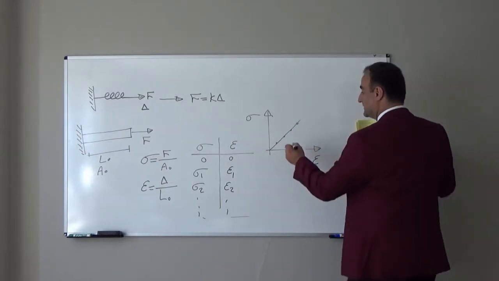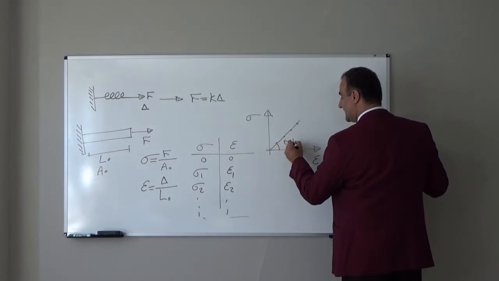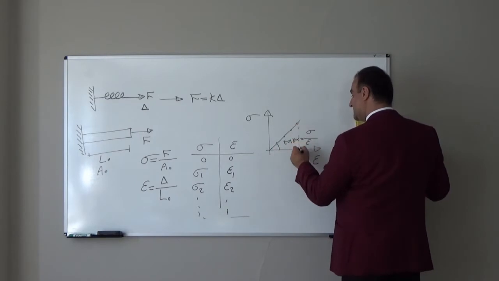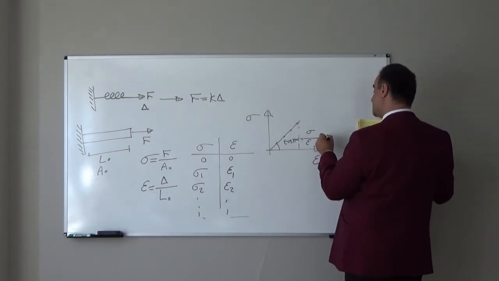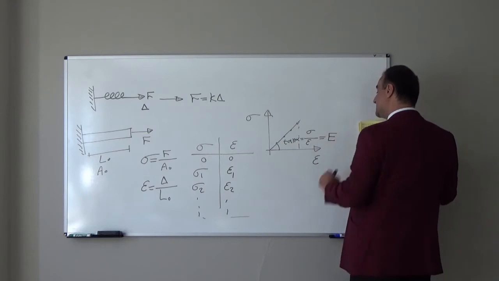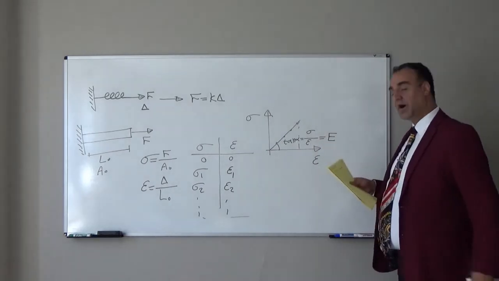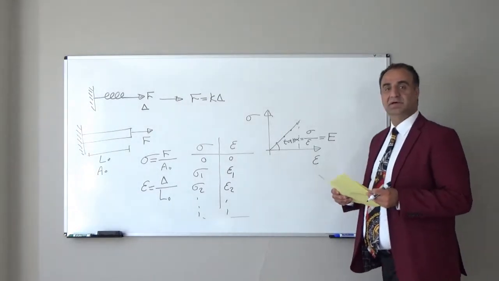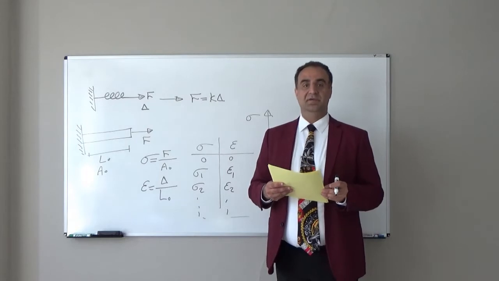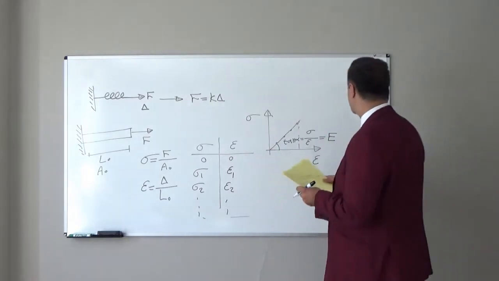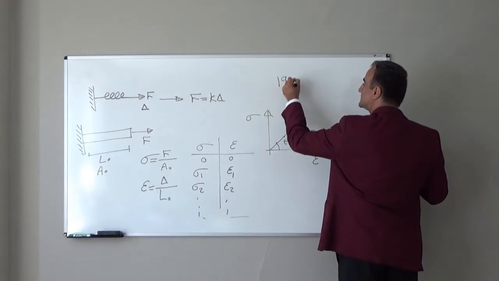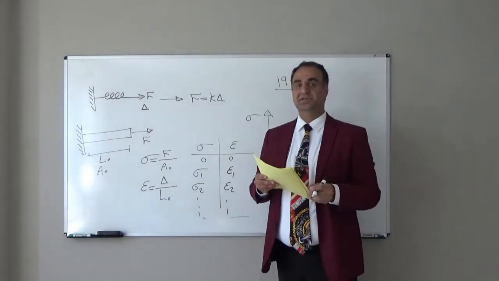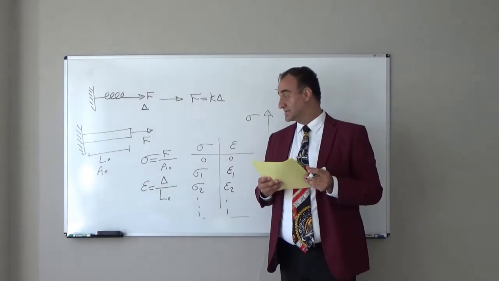Here, tangent of this angle will be sigma over epsilon, which we will show with E. And we call it Young modulus. Why we call it Young modulus? Because of Thomas Young. He found this relationship in the 19th century. He was a British physician and physicist, and he was a very genius guy.